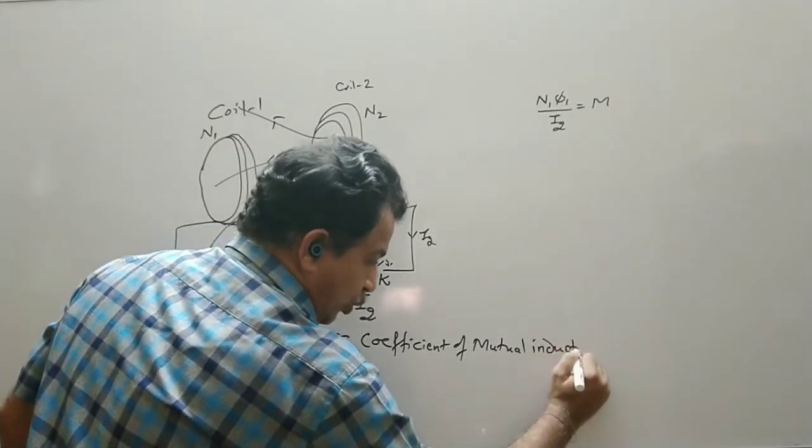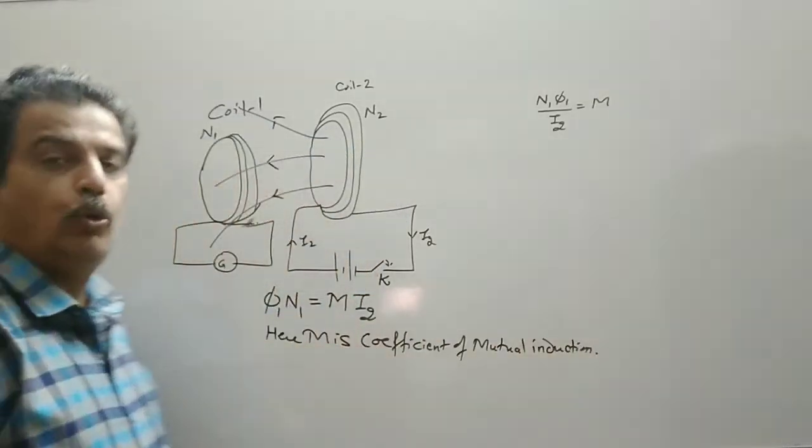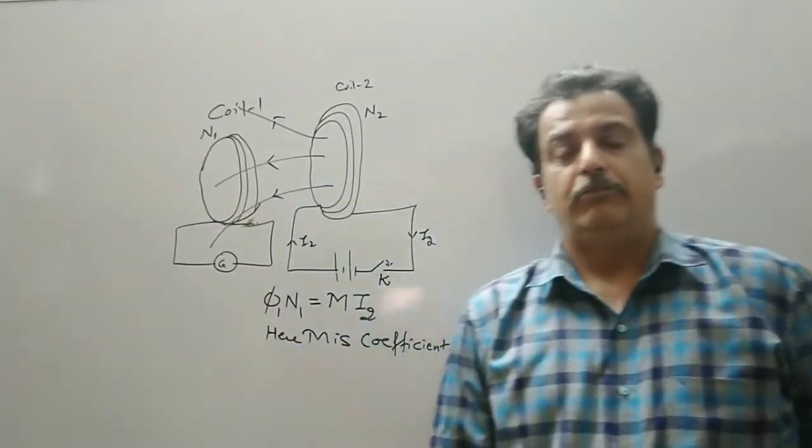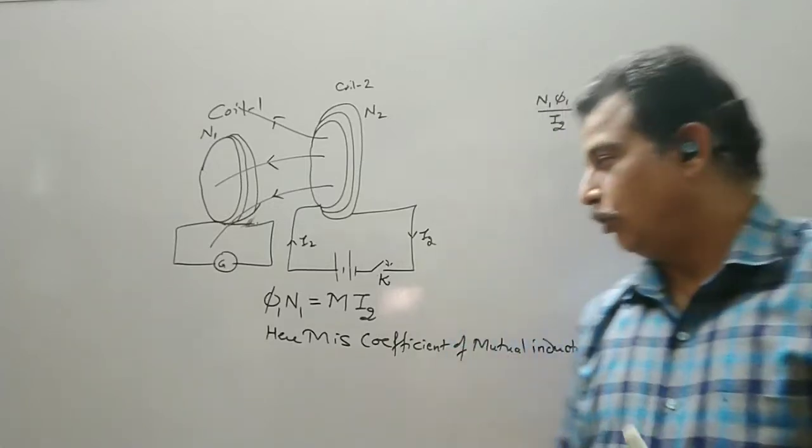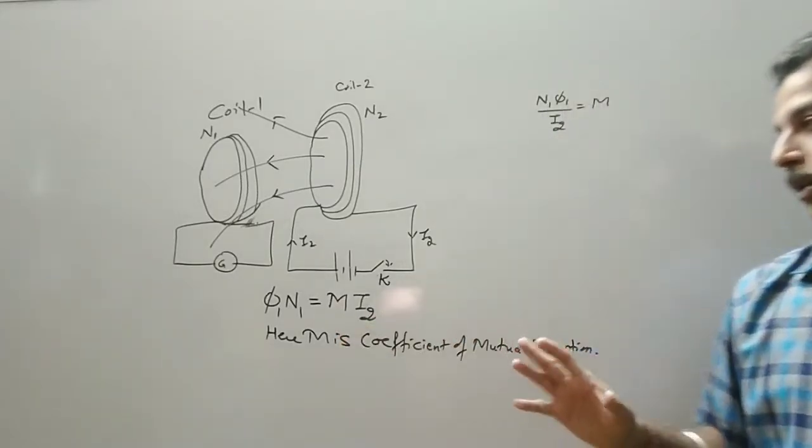Now there is no need to write the subscript 1 2 or 2 1, because we know that M12 is equal to M21. So we avoid that subscript now.